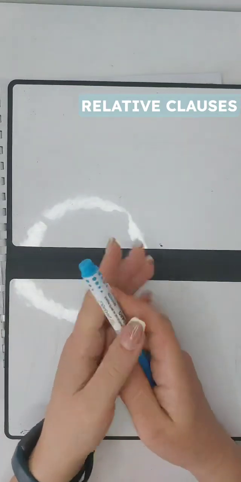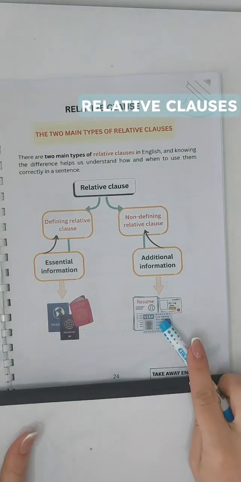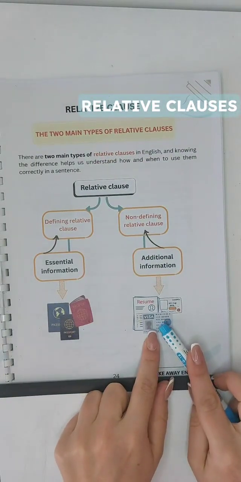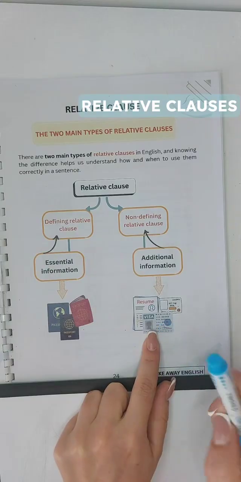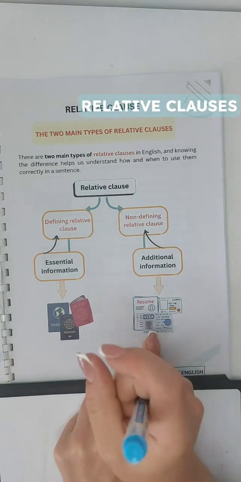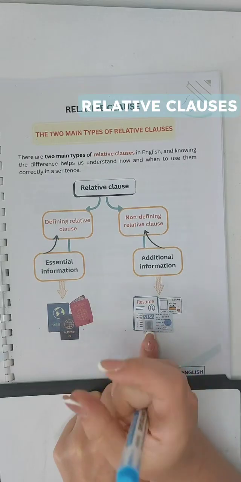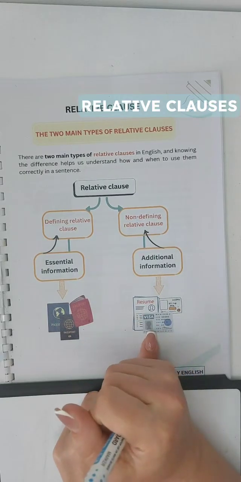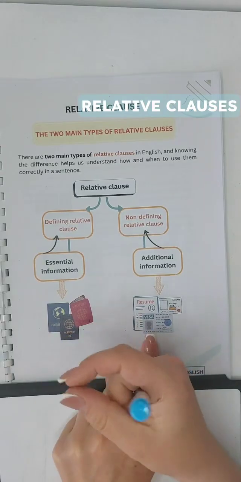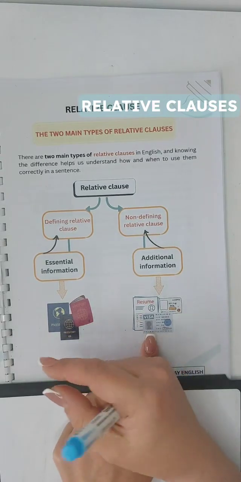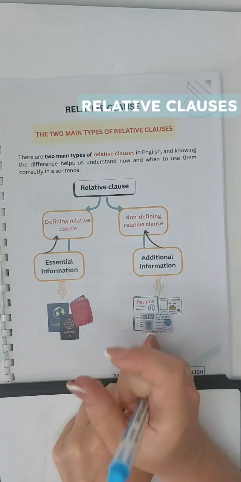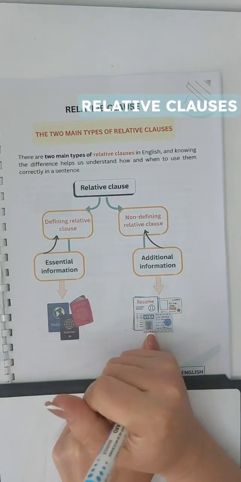So again, with non-defining relative clauses, we need commas. And even when speaking, we pause for a second, okay? Because this information is extra information. The commas help us understand that the information is extra. It's not essential.